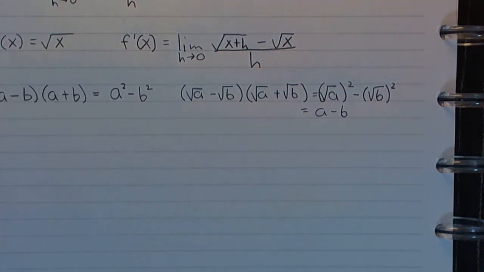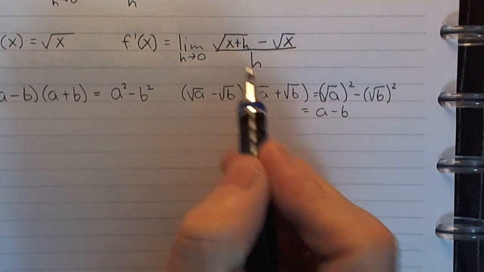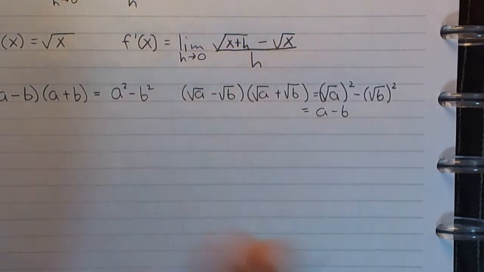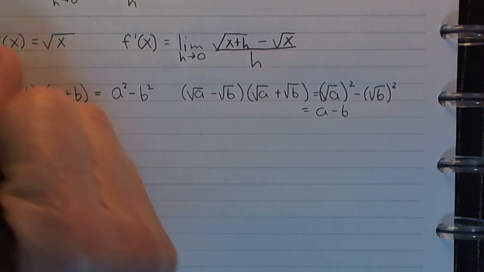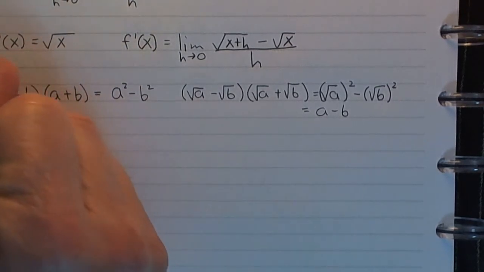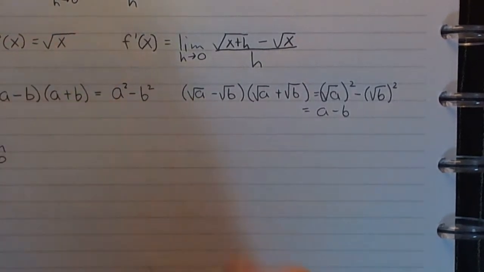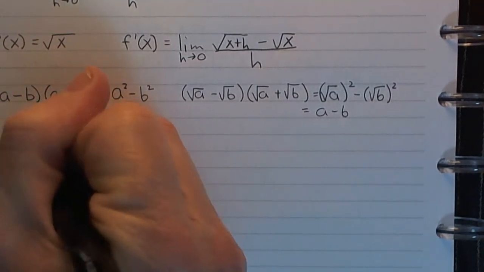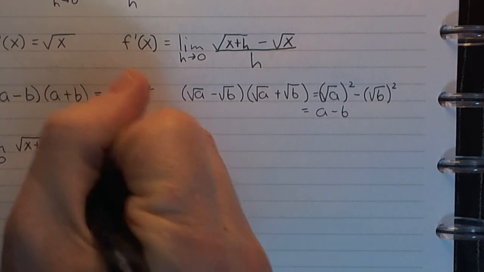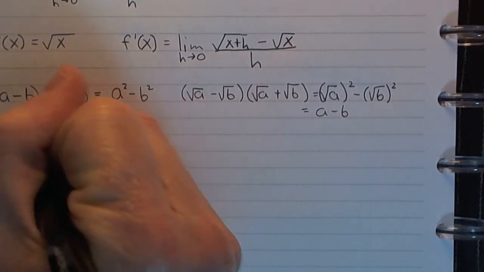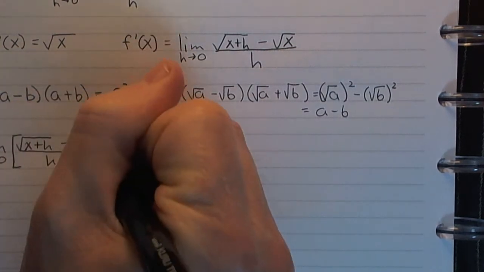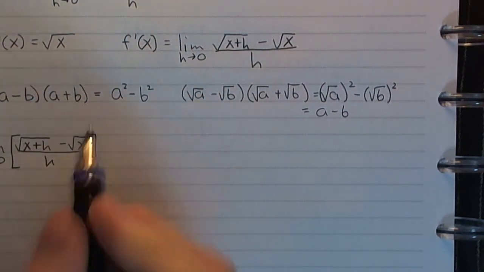So what we did there, the trick that we're going to use is we're going to multiply this by its conjugate. So let me show you what I'm talking about. We've got the limit as h goes to 0, and we're going to take this thing, the square root of x plus h minus the square root of x all over h, and we're going to multiply the top and the bottom by the conjugate.